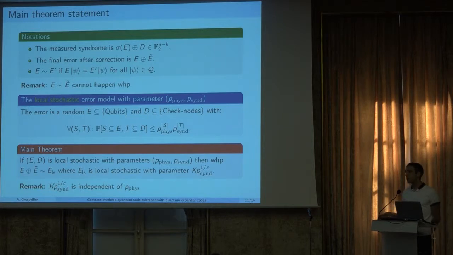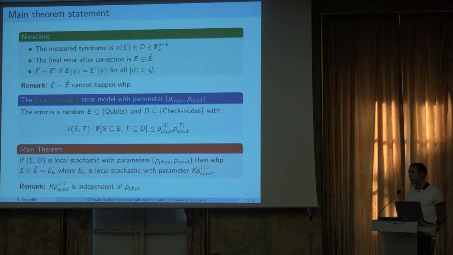Okay, and so the main theorem that we've proved is that if the initial error is local stochastic with some parameters, then with high probability, the final error, so the error after correction, is equivalent to an error which is local stochastic with this parameter.